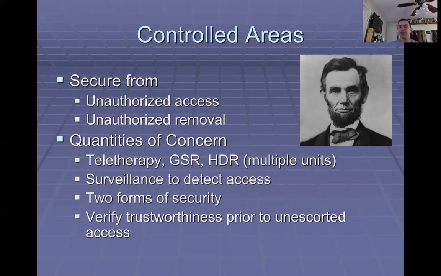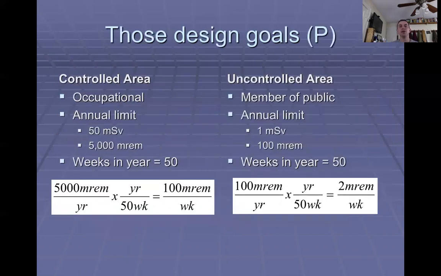You want an area where you can be confident that big 10 curie HDR sources are not going to go missing, or someone's not going to randomly walk into a Linac vault and get a large dose from a treatment that's happening. That seems very far-fetched, and the reason it's far-fetched is because they are controlled areas, because there's staff around, because there are lots of barriers to entry for the average person.